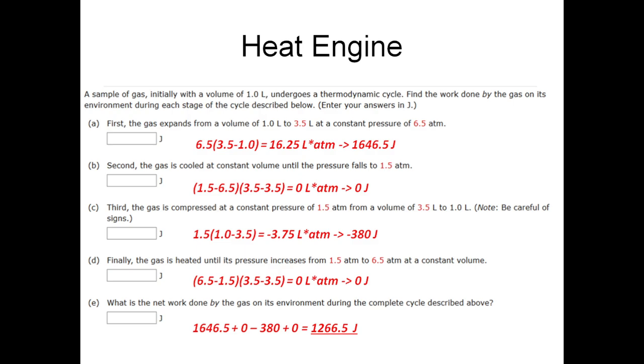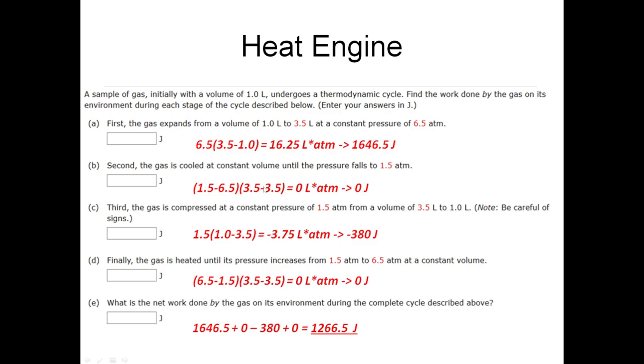What the formula can't handle is when volume does not change. If volume isn't changing, so we expanded to 3.5 and we're remaining at 3.5 for right now, delta V is automatically 0.